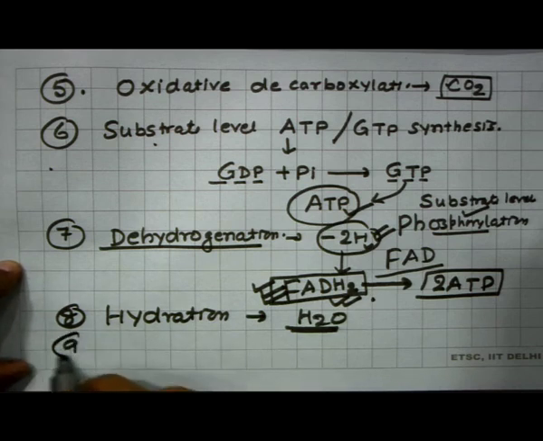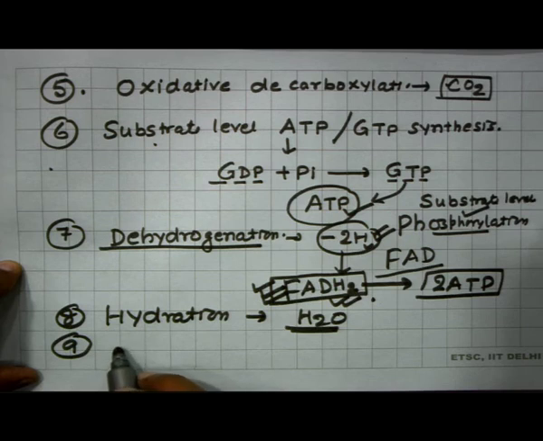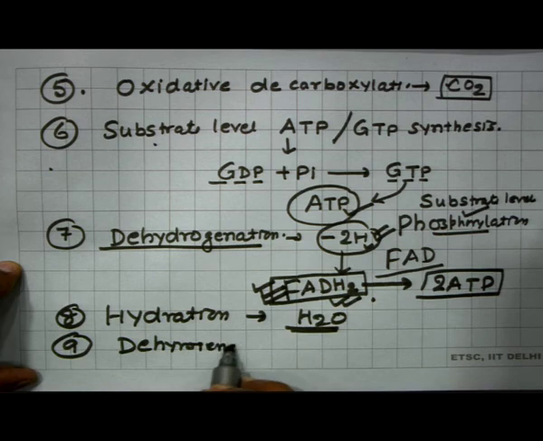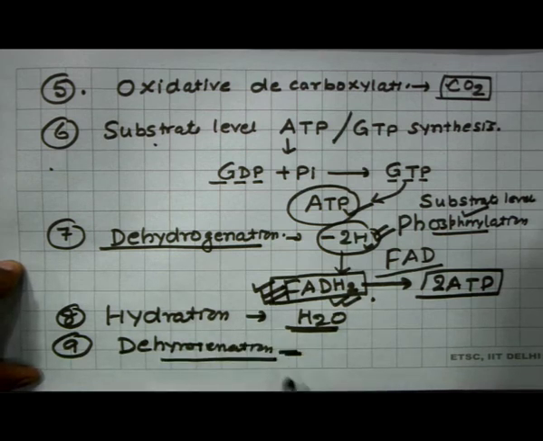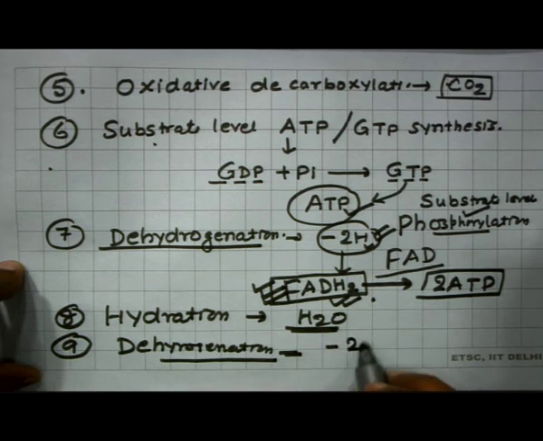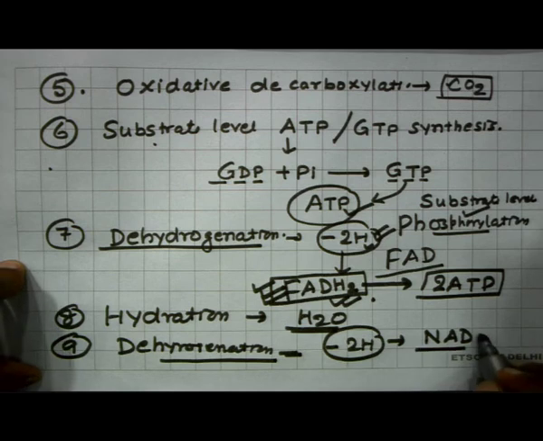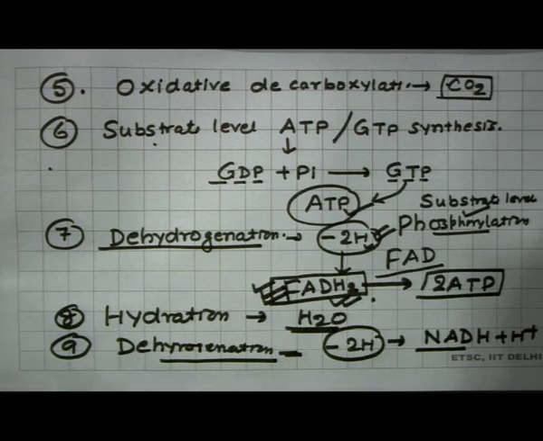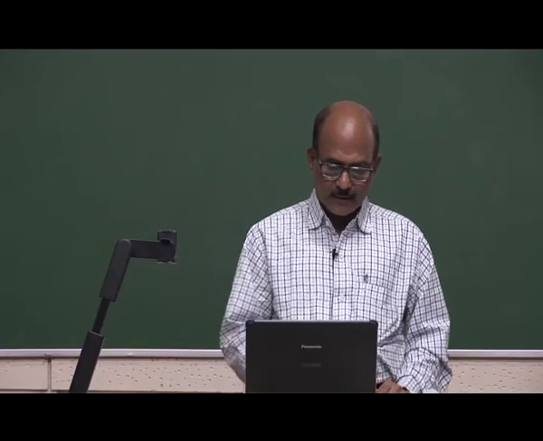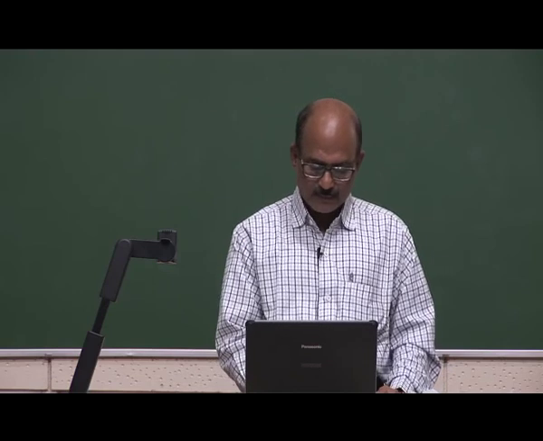The last reaction of the Krebs cycle is dehydrogenation, where a hydrogen molecule is released, which is accepted by NAD and converted into NADH plus H plus. So, these are the 9 steps which we will discuss in our next classes.